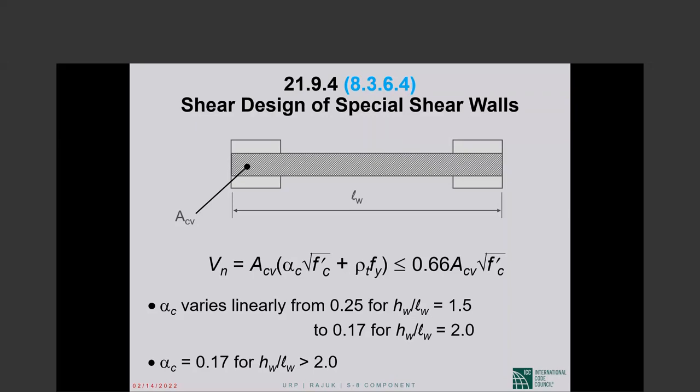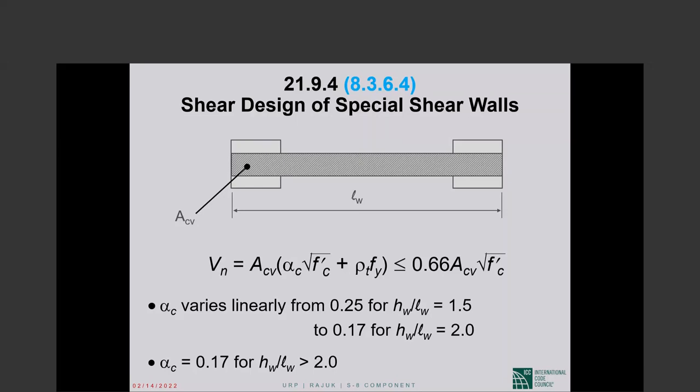The shear that concrete can carry, throughout the ACI code, is always 2 square root of f sub c prime, which should be in your units. 2 would be 0.17 square root of f sub c prime.